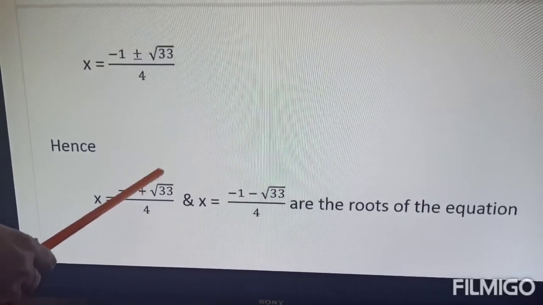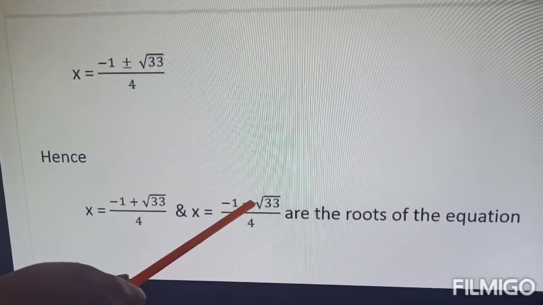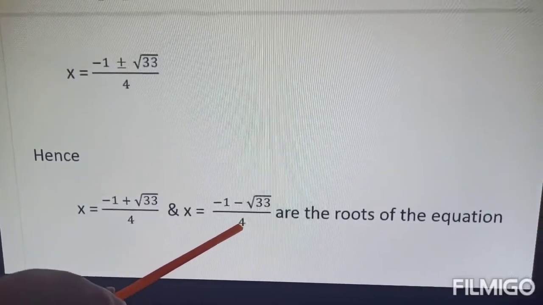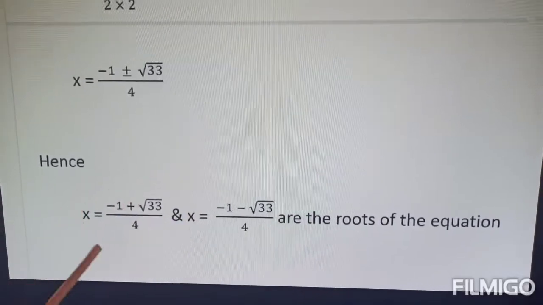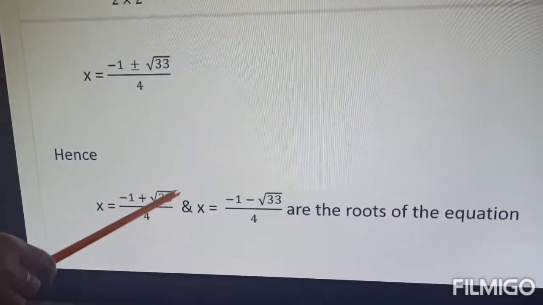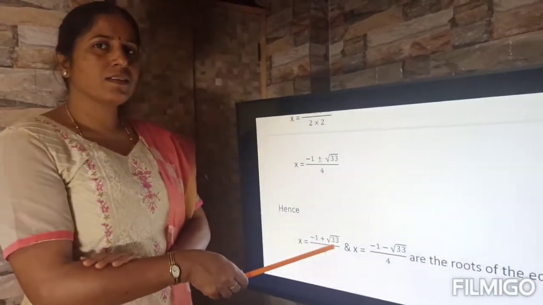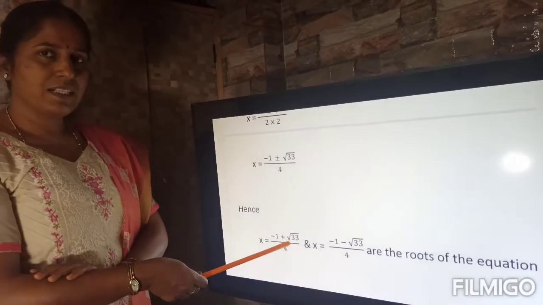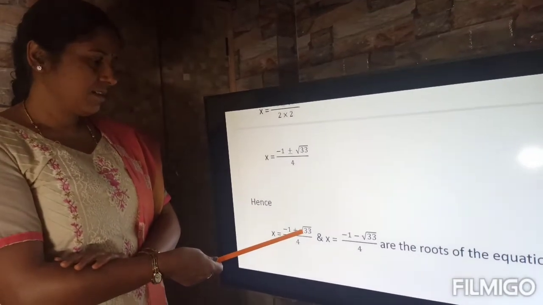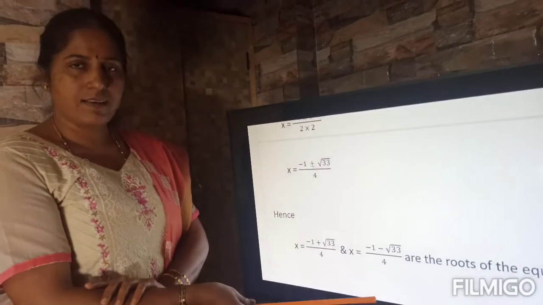Minus 1 plus root 33 by 4 and minus 1 minus root 33 by 4. These only we have to consider as the roots of the given equation, because we can't simplify root 33, it is an irrational number. We can't get the factors. That's why these are the roots of the given equation.